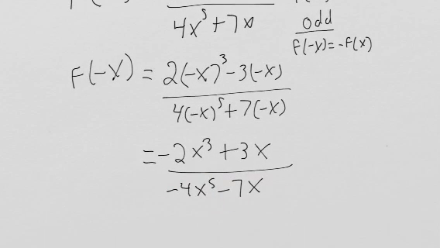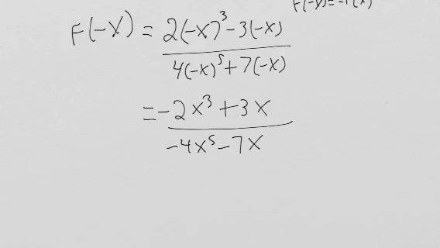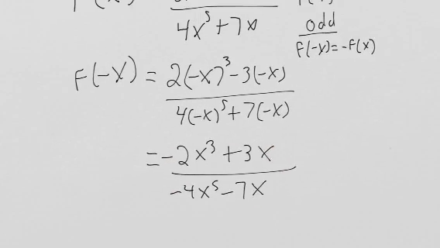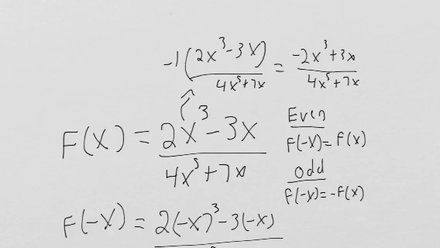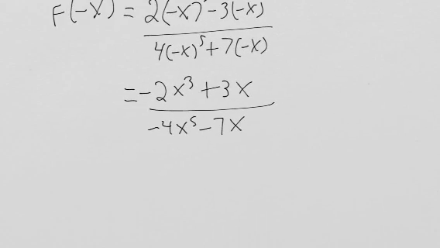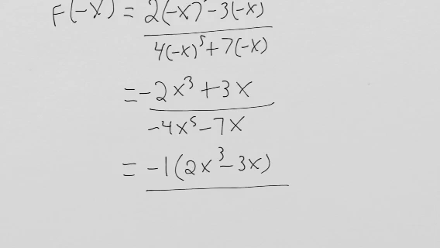So this is actually an even function in disguise, because all the signs changed, which means they essentially end up undoing each other. What we want to show is that this is algebraically equivalent to our original. They're the same, even though all their signs are different, because if we factor out a negative, we get negative 1 times 2x cubed minus 3x over negative 1 times 4x to the fifth plus 7x.